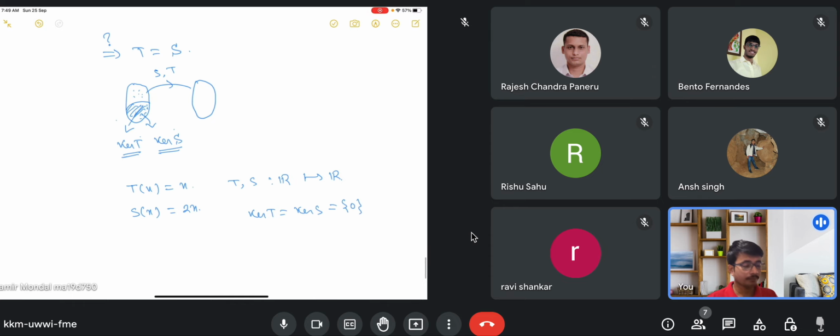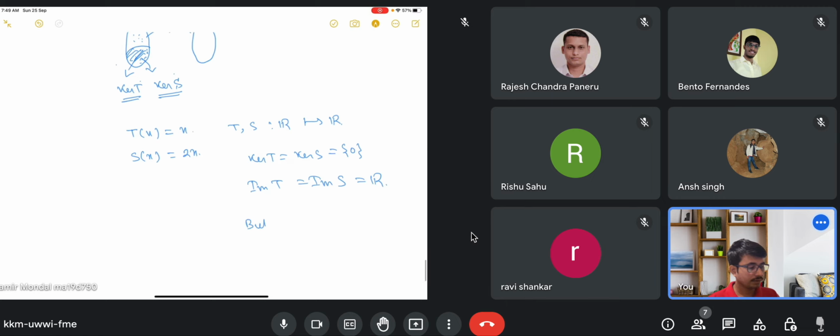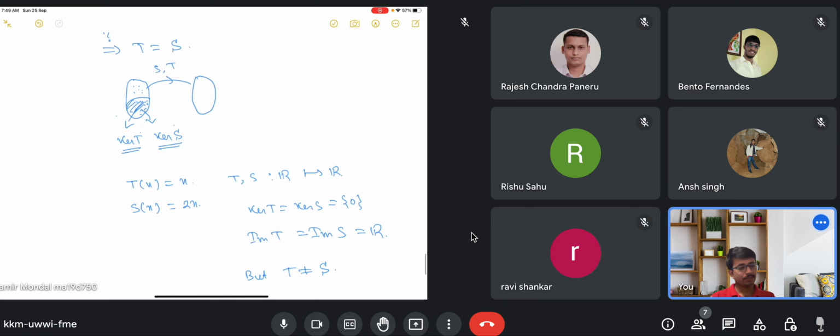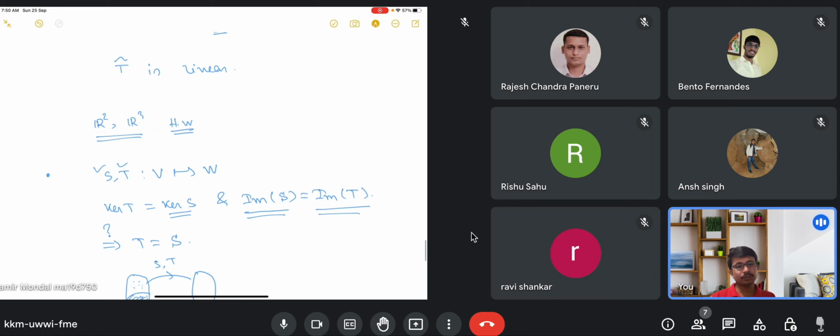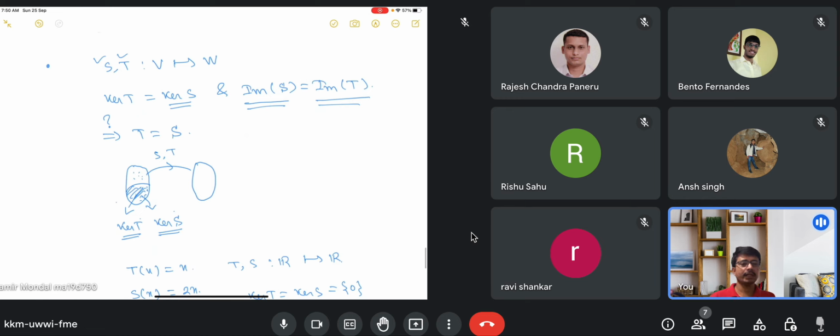Image also the same, image of T equals image of S equals R, but T is not equal to S. It seems to be the same, but it's not. From this assumption someone can think that these two are the same, but they are not. This is one example, we can construct another example also.